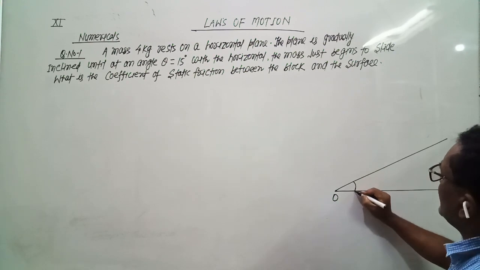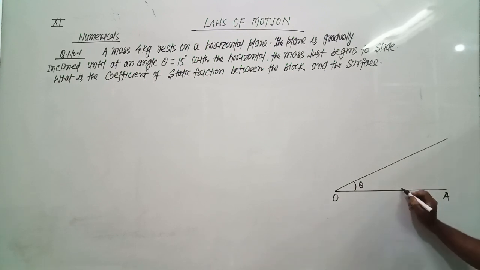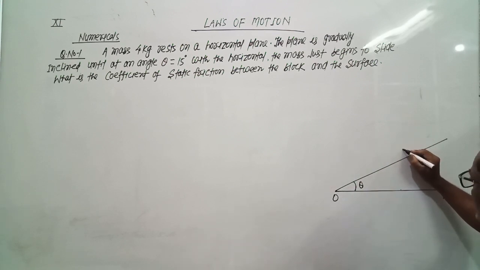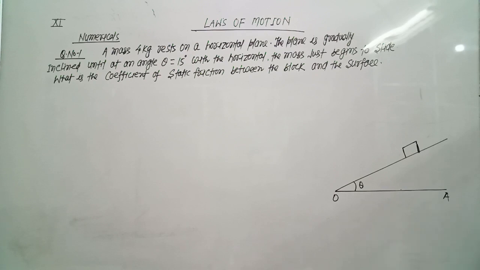The plane is inclined, and this angle is theta. The mass just begins to slide. There is a mass kept on this plane. When the plane is inclined, then after a certain angle, theta equals 15 degrees, the mass begins to slide.